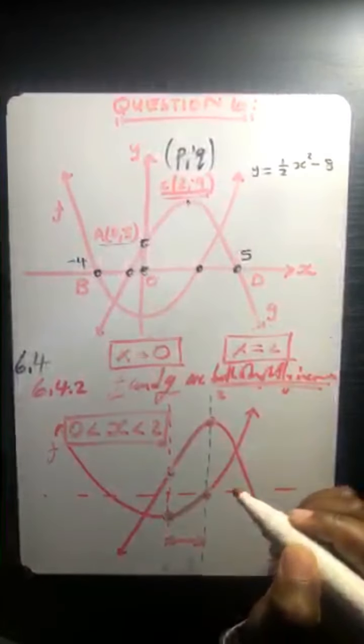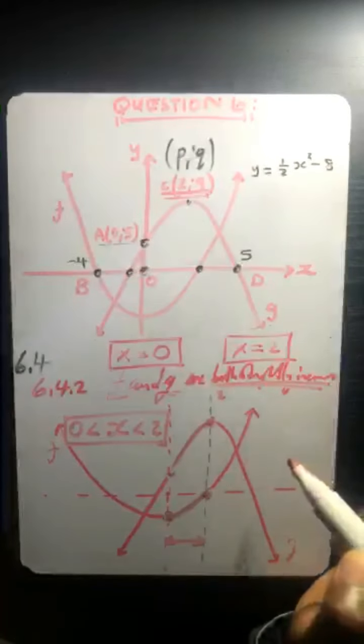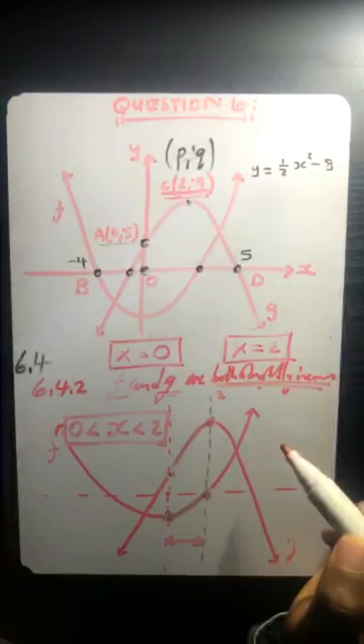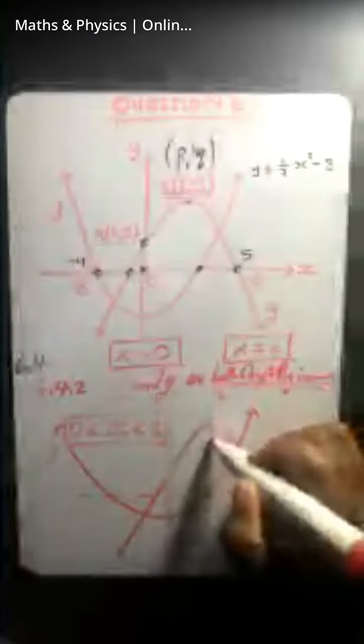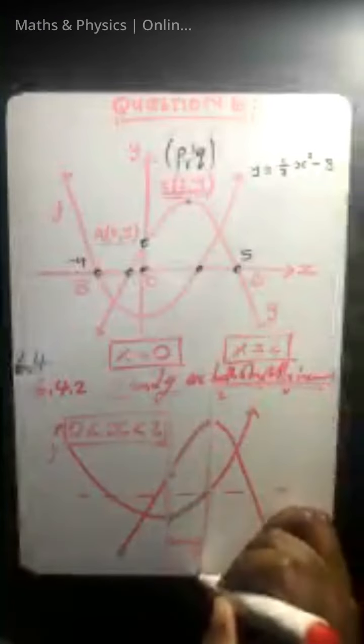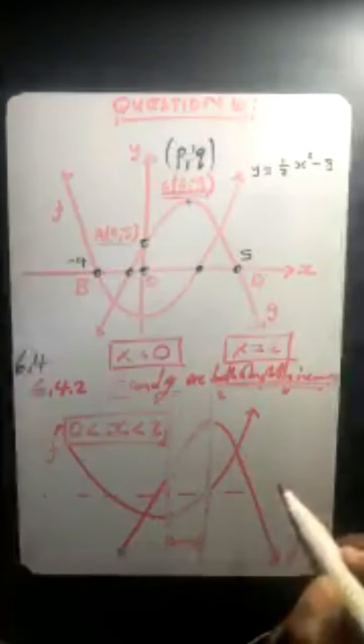So they want the x values whereby the graph of f and g are increasing. So we realize that along this line, and also along that line, when we look at both of these functions, we notice that in between, that's where both of them are increasing.